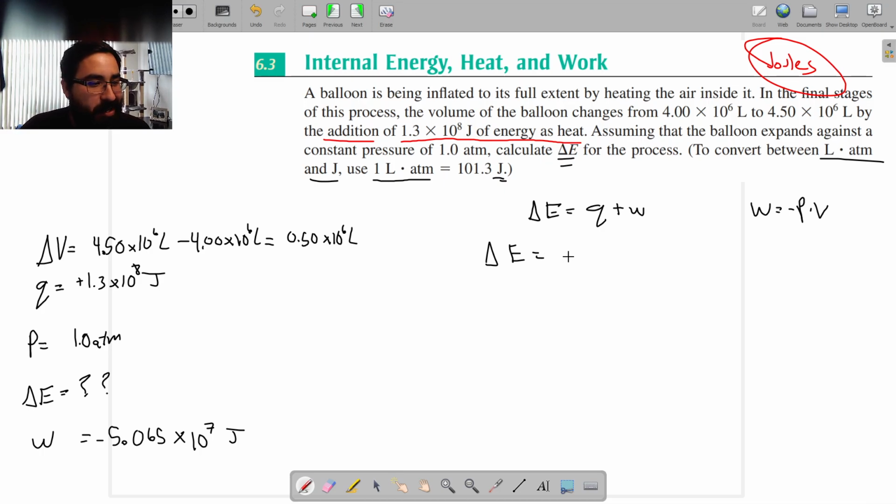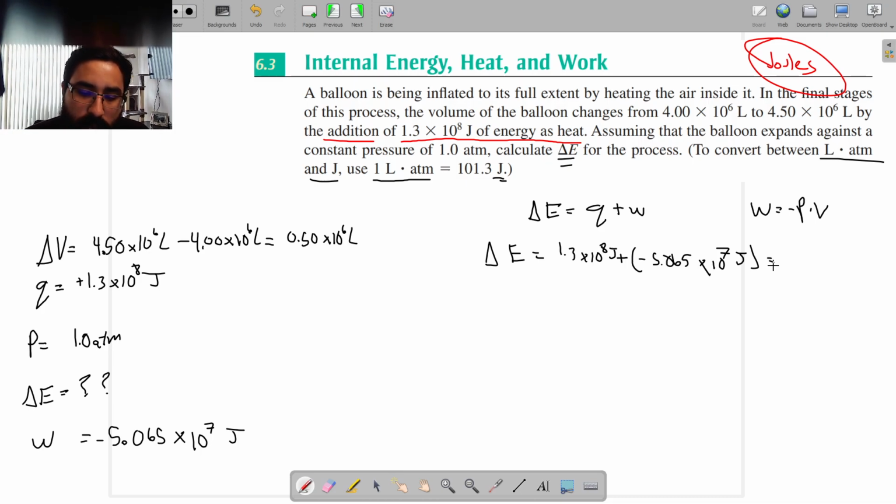So delta E is equal to Q, so 1.3 times 10 to the 8 plus a negative 5.065 times 10 to the 7th joules. And this one was also in joules. And look at that. Now we can solve this problem all nice and neat.